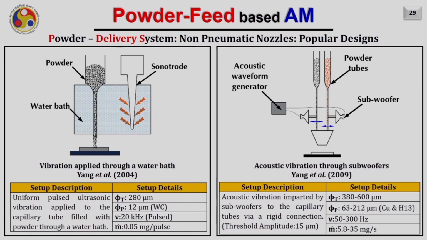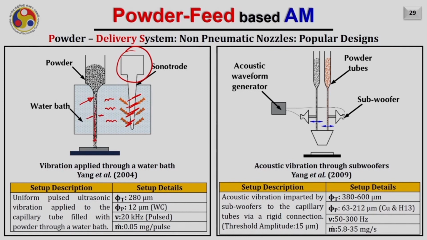Another possibility is vibration through a water bath. There is a sonotrode in this system. As you see, this sonotrode generates the vibration, and that vibration is transferred to the medium, that is water here, which further transfers this vibration to a tube. As this tube vibrates, the powder particles start flowing into it.